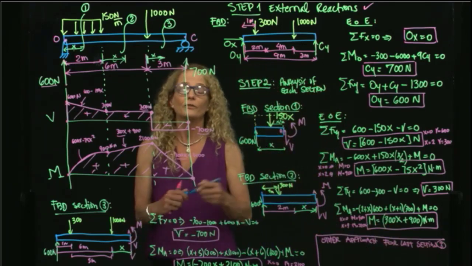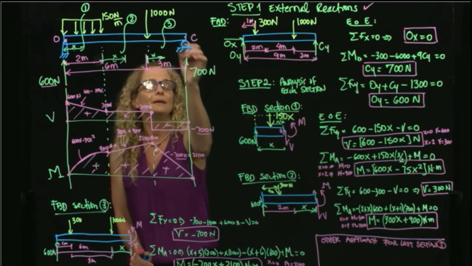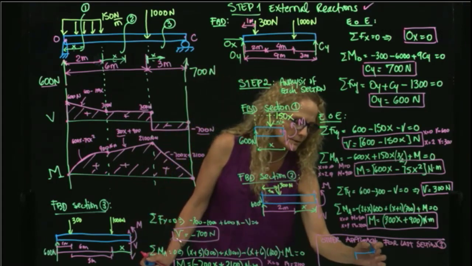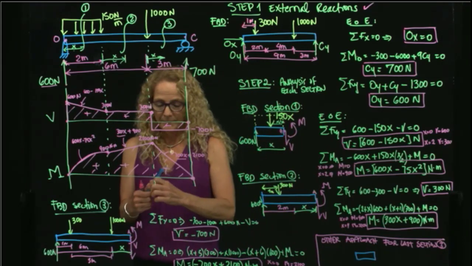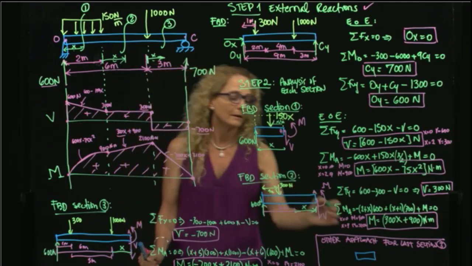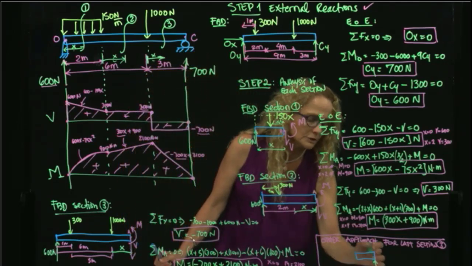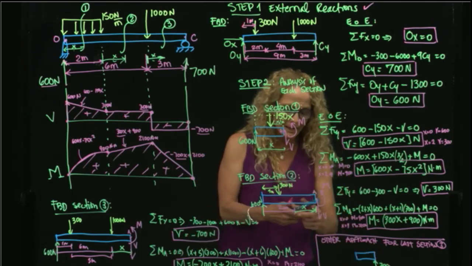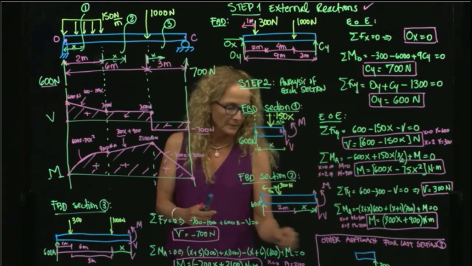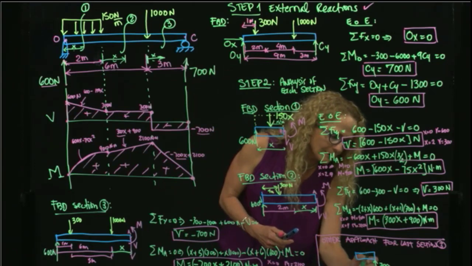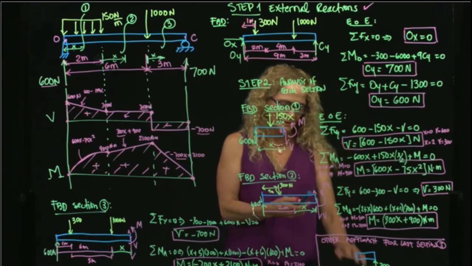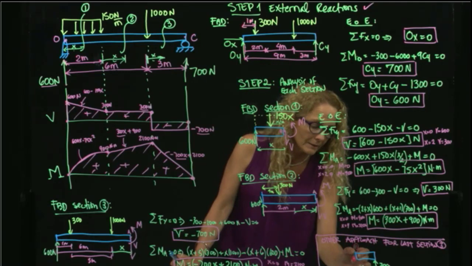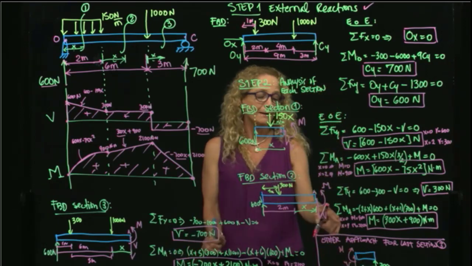I could do the free body diagram of this little piece over here, and I will write my external force, which is 700, and I can measure my x from here in this direction, x, and then I will have my internal forces, and here you have my internal force.